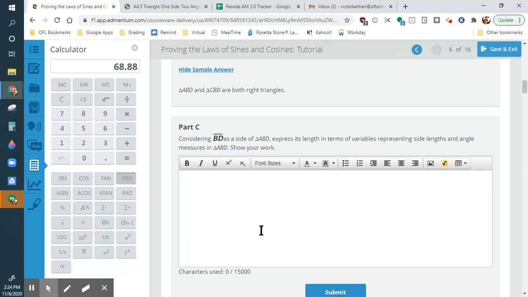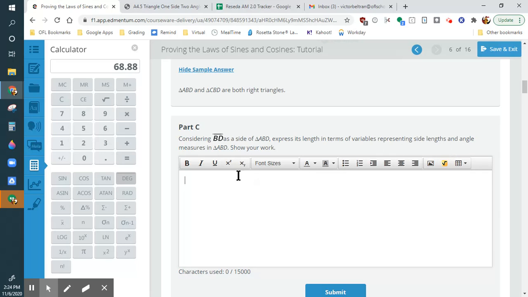By considering BD is a side of that, express its length in terms of variables, side length, and angle measurements. Show your work.